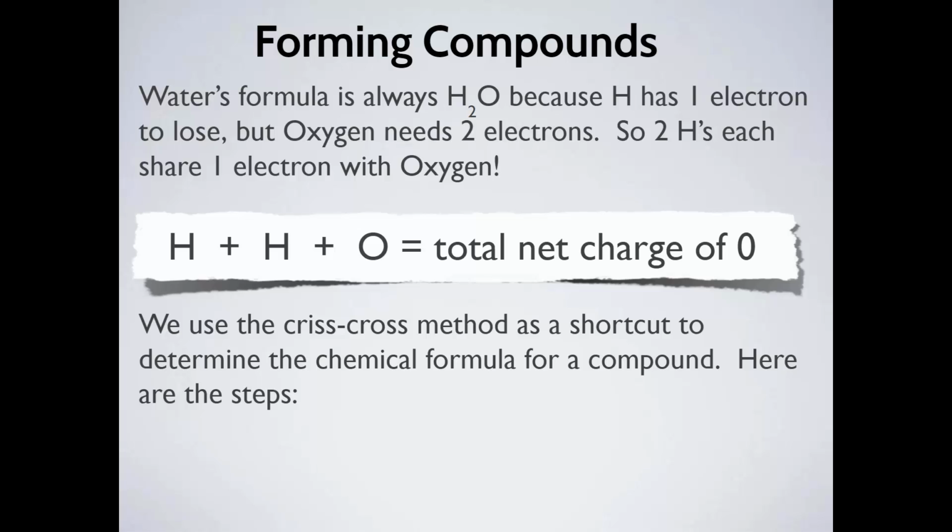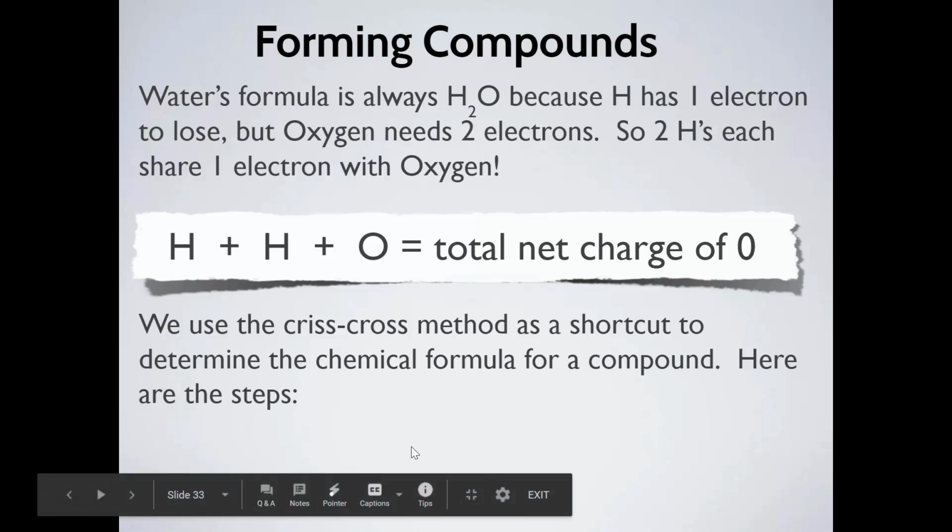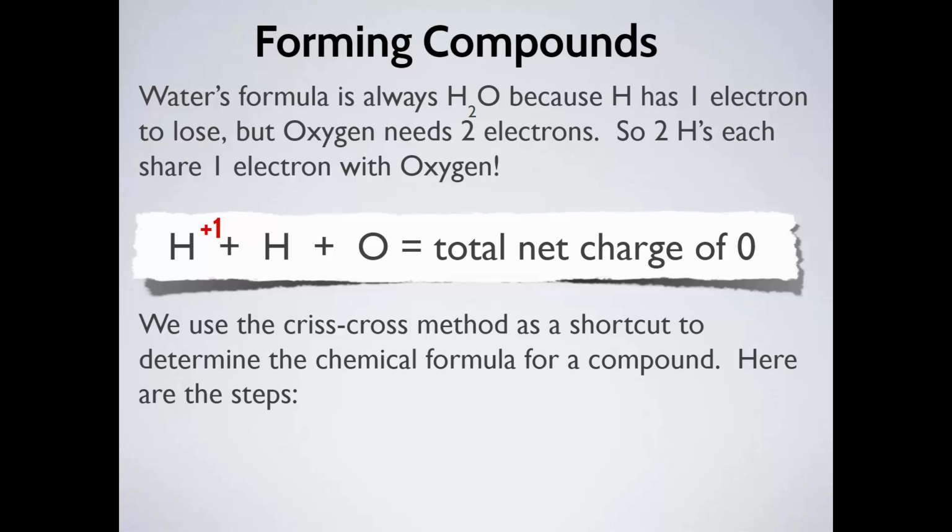So one reason that we're talking about this is that the oxidation numbers can tell us how different elements form compounds and what their formula is. Let's take water as our example. Hydrogen, in its valence level, has 1 electron, and so its oxidation number is +1.